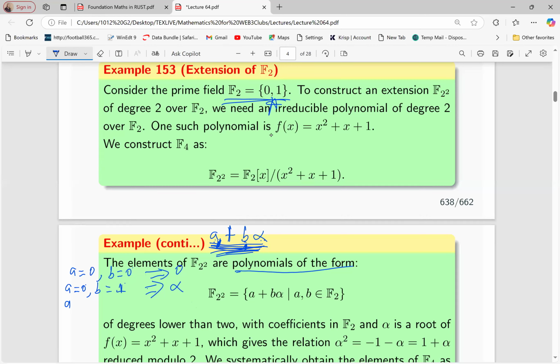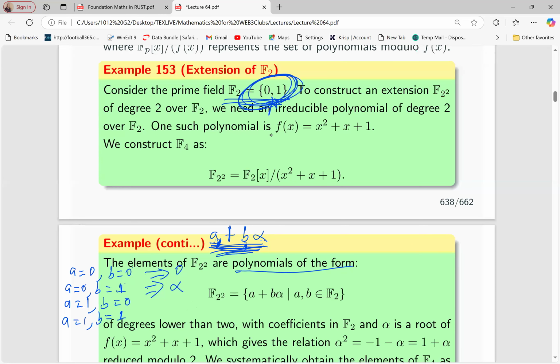The other scenario is when A is 1. B has a possibility of being 0, and B also has a possibility of being 1. Now let's look at this scenario. When A is 1 and B is 0, what you get is 1.